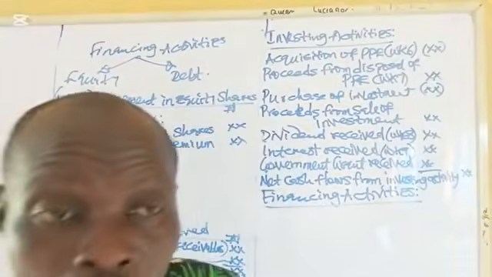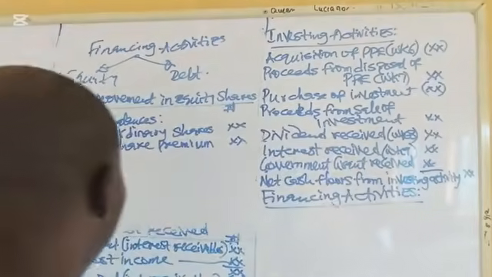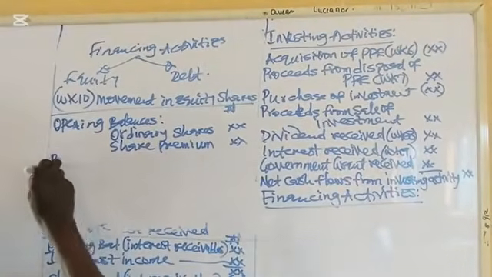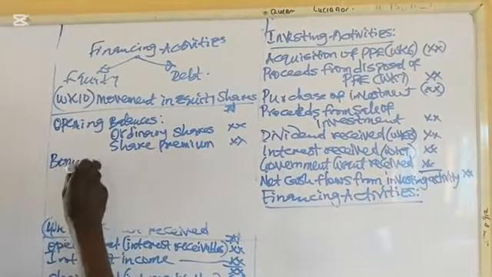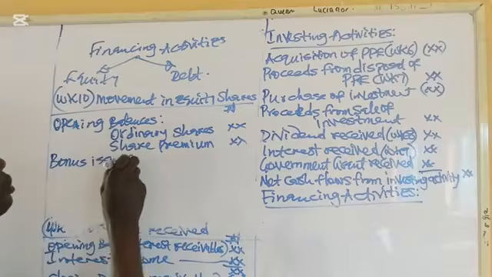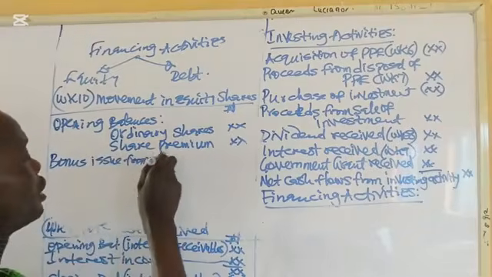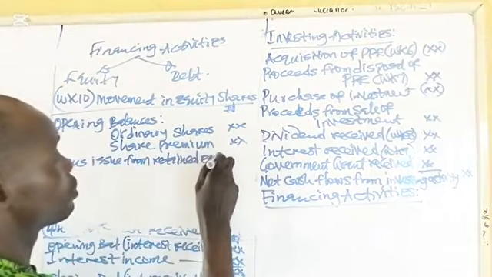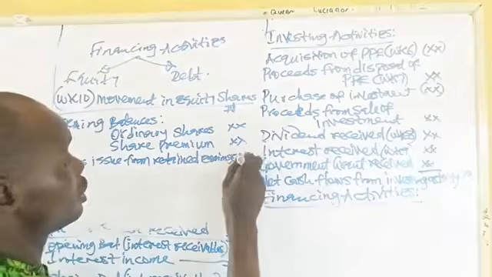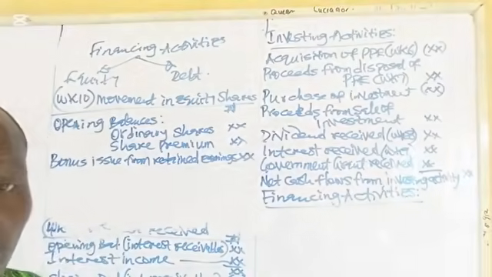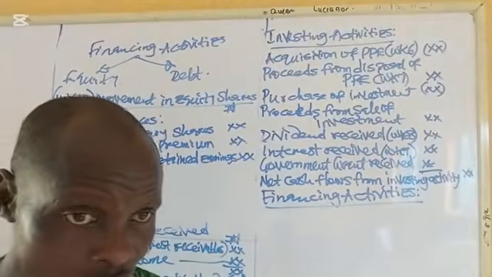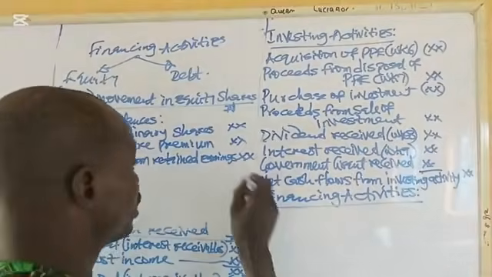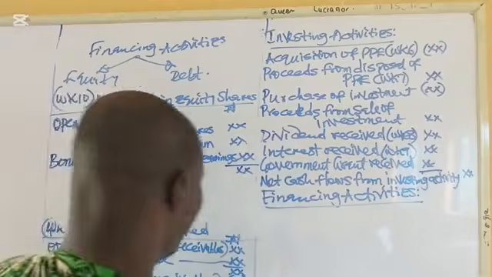But where bonus issues are made from retained earnings, you will need the adjustment here. Bonus issue from retained earnings, you add it. But if it is made from share premium, you ignore it. Bonus issue made from share premium should be ignored.